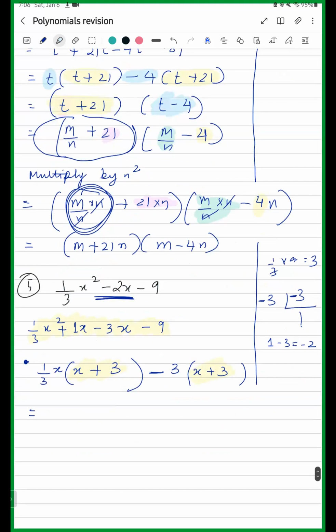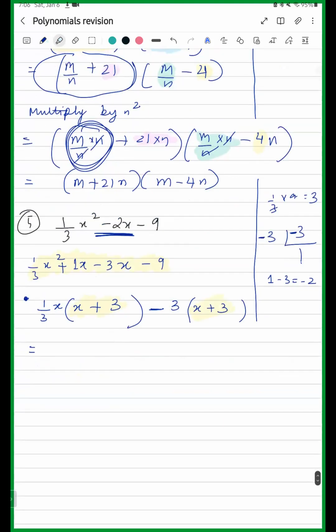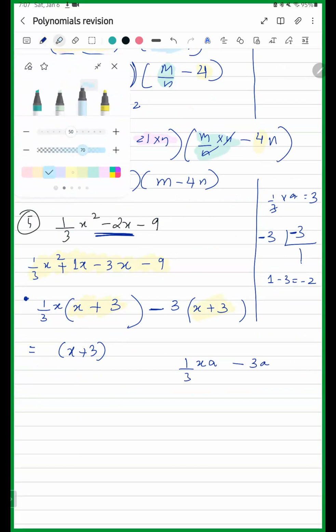Okay, the same thing we have done here, that over here x plus 3, it's common. So x plus 3 we wrote in one bracket, because that's the common bracket. So we are taking that as common. Just like imagine if you had over here 1 by 3 x a minus 3a. What am I writing? In place of that yellow bracket, I am writing a. That's all I'm doing. Imagine if you had some number a.